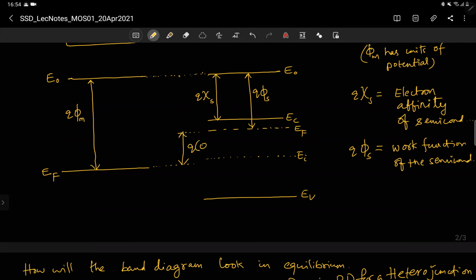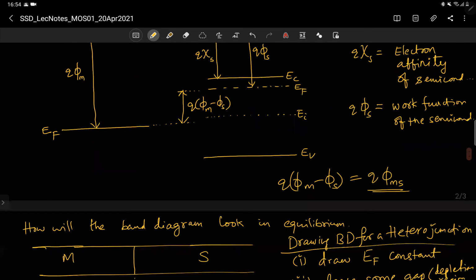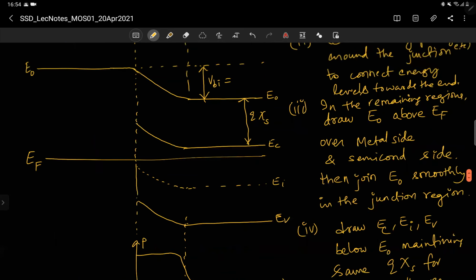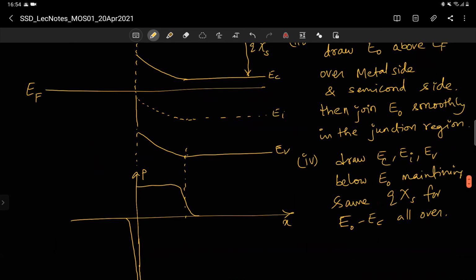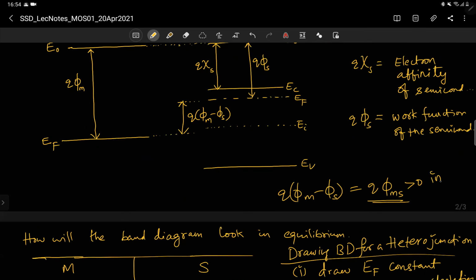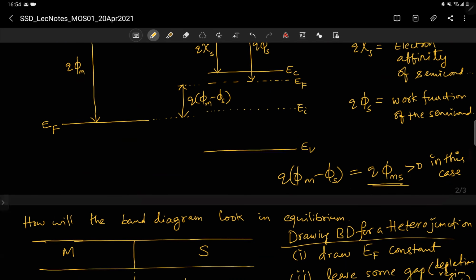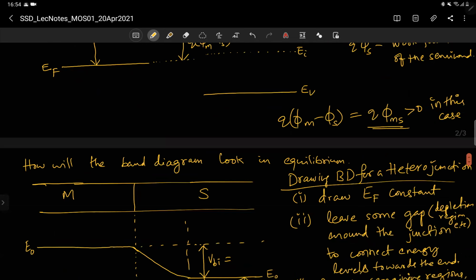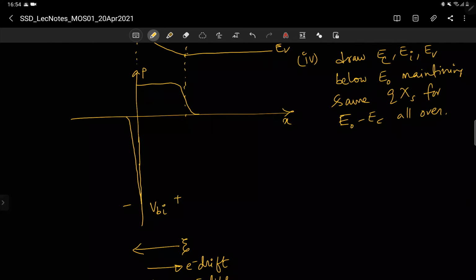So this is simply q times (phi m minus phi s), which is denoted as q times phi ms. So phi ms is phi m minus phi s, and here phi m is greater than phi s in this case. So q phi ms is greater than 0 in this case. All right. And VBI is positive towards the semiconductor, negative towards the metal side.